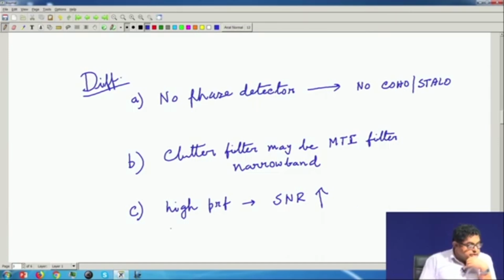But the negative point is that high PRF means many clutters fold over, because you are sampling. So, many clutters fold over. So, clutter power also increases. This is also a fallout of high PRF.